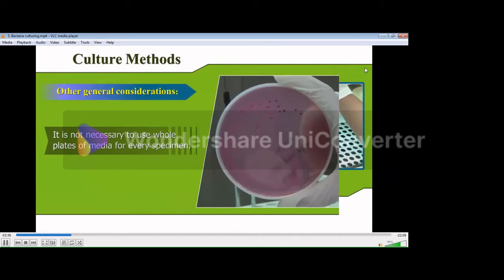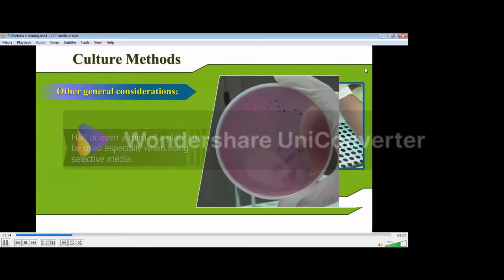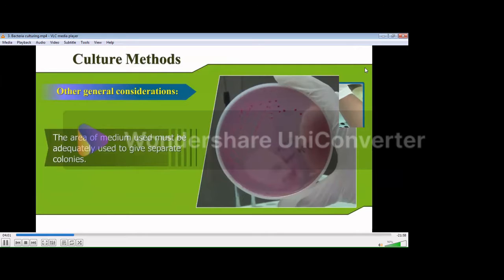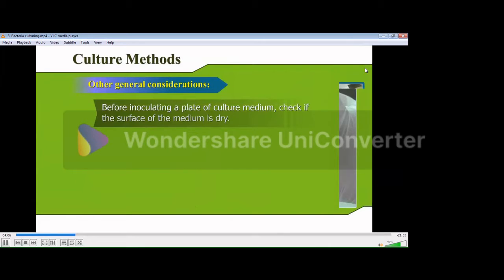It is not necessary to use whole plates of media for every specimen. Half or even a third of a plate can be used, especially when using selective media. The area of medium used must be adequate to give separate colonies. Before inoculating a plate of culture medium, check if the surface of the medium is dry.